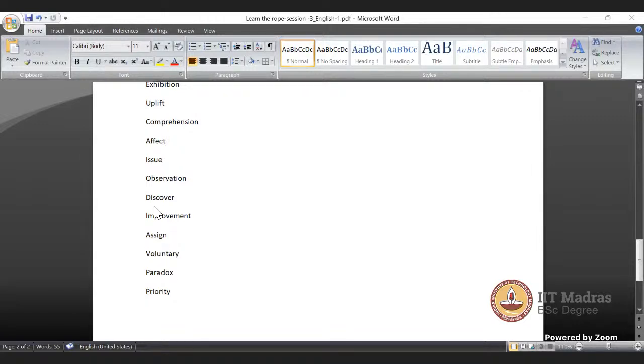Second syllable. You have only two syllables. So second syllable for all the verbs. So in the word improvement, if ment is the kind of suffix that does not bring any change to your stress pattern, then where will the stress be? So the stress is on the second syllable, right? So in this word, where will the stress be? In improvement.